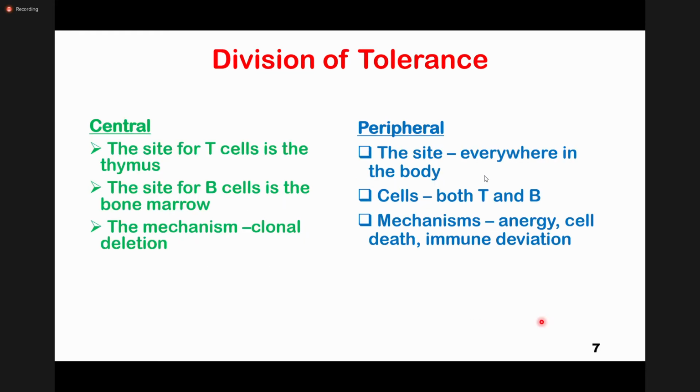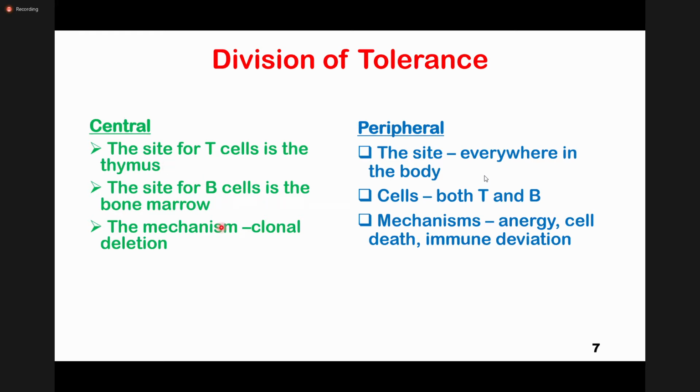When I talk about tolerance, there are two types: central tolerance and peripheral tolerance. Central tolerance basically happens in the thymus for T cells and the bone marrow for B cells.